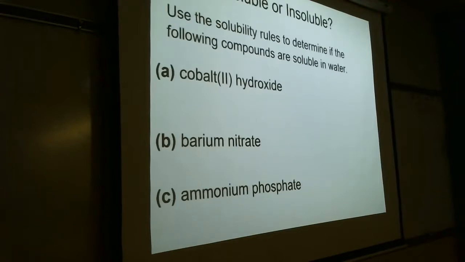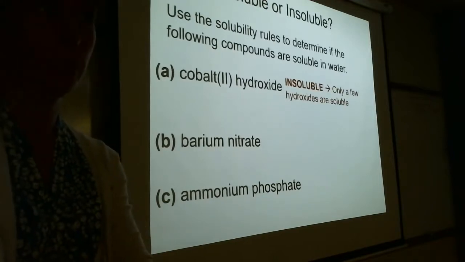Would you expect Cobalt 2 hydroxide to be soluble or insoluble? What do you pick? Anyone brave enough to say it, knowing that the camera's running? Yes, it is insoluble, right? So you could try to look it up by cation, but Cobalt 2 isn't listed here.